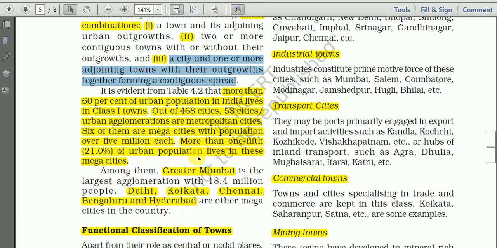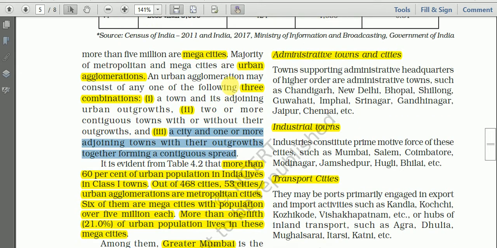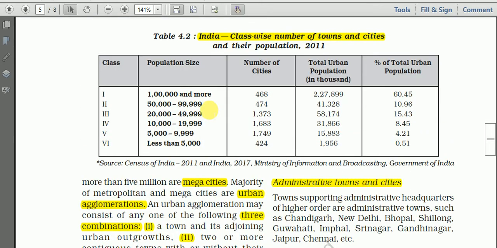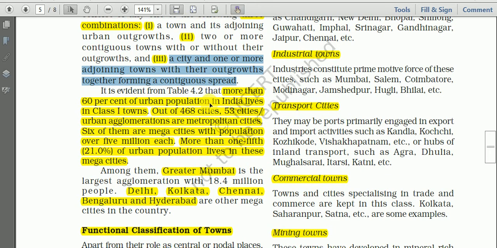More about urbanization, that means trends of urbanization. Here, if we examine this table number 4.2, we find more than 60% of the urban population in India lives in class 1 towns.